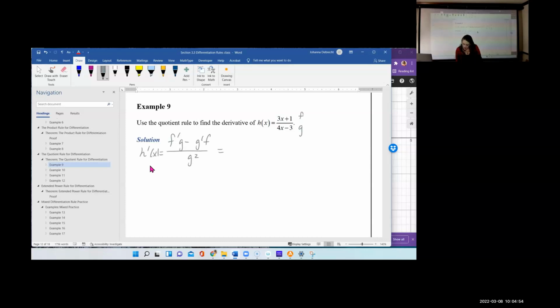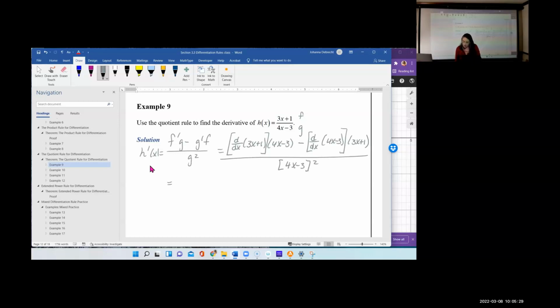All right, so we're going to take the derivative of the top times the bottom, minus the derivative of the bottom times the top, or numerator, all divided by the denominator squared.